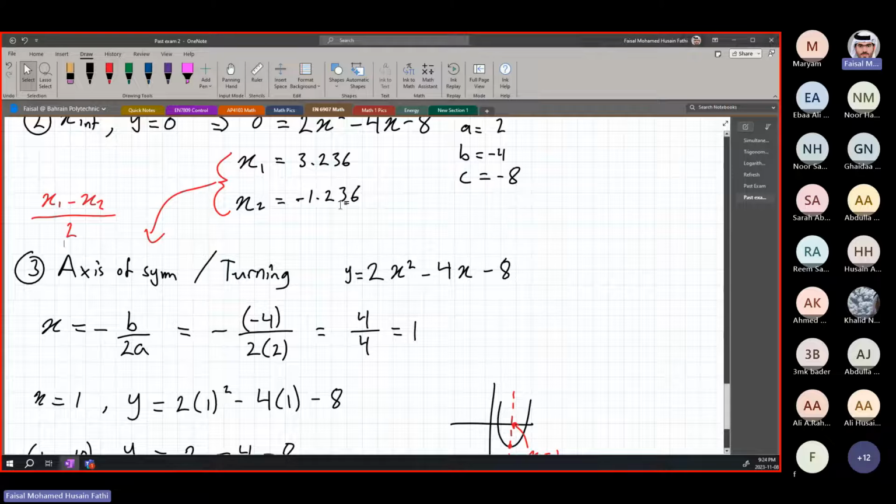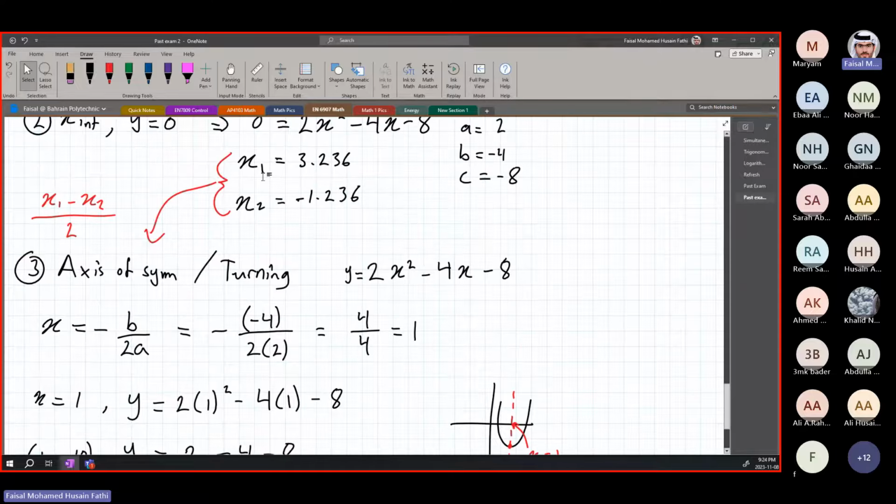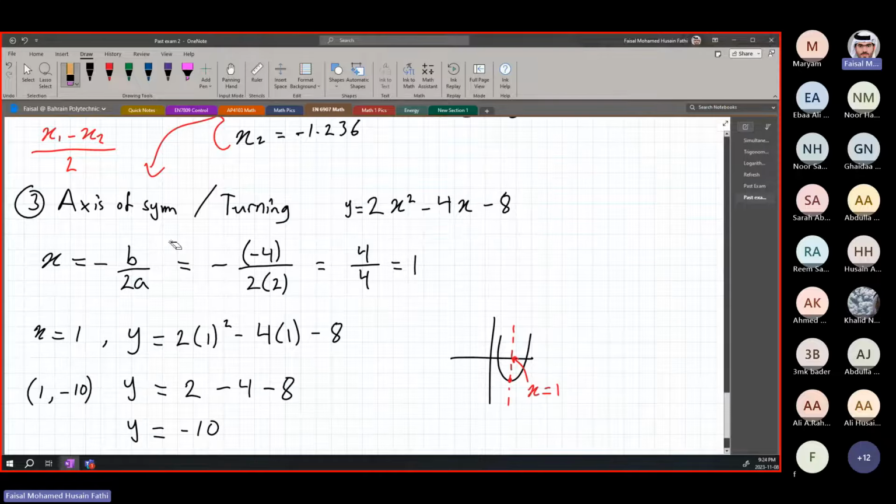So if the number comes out a bit more negative, it should not be positive, because the x point has to be between x1 and x2. In this case x1 is the positive number and x2 is the negative number, so you get another positive number, which will be a bit larger, and you get a point which is here, which is wrong, so you take a negative version of that. But it's a different case, you will see that more clearly when I do the plotting. Either way this confuses some people a lot. My advice is to always use x equal to minus b over 2a and memorize it, and end of story.